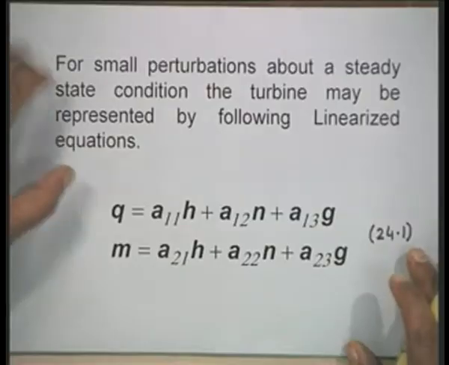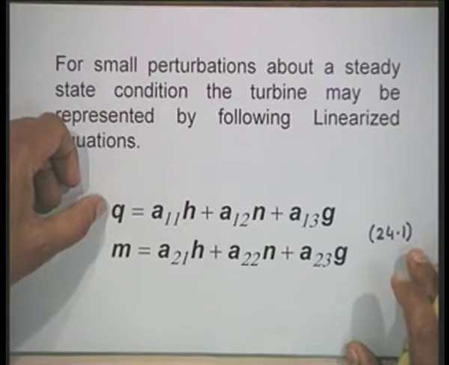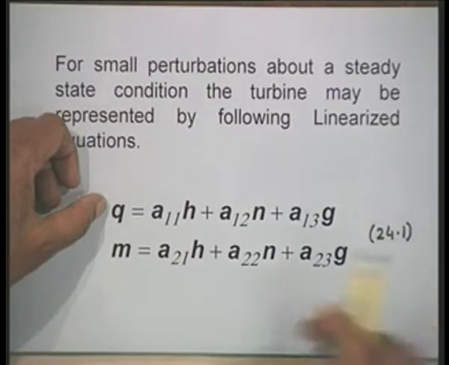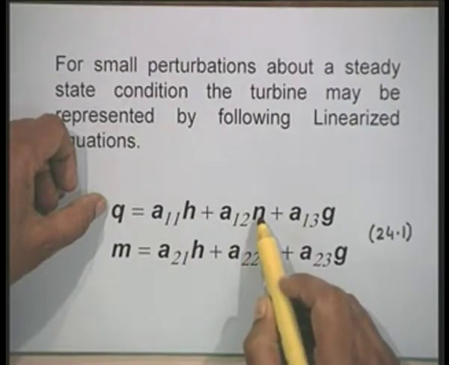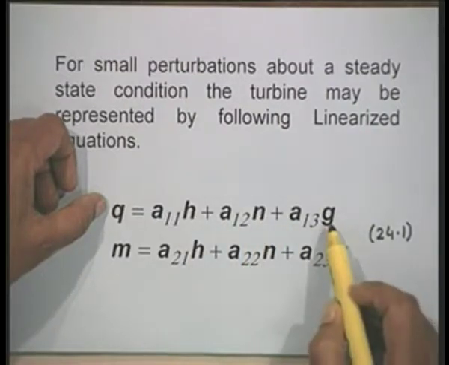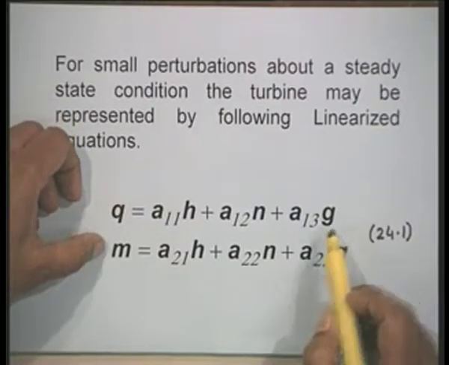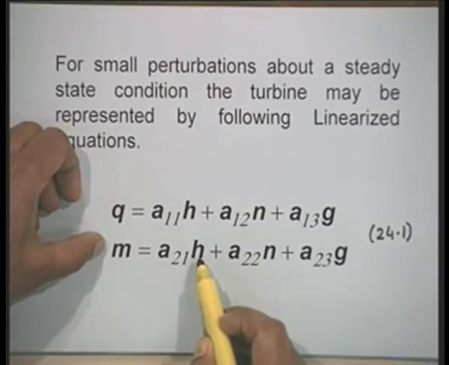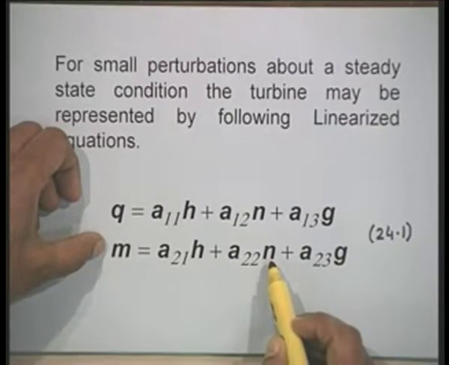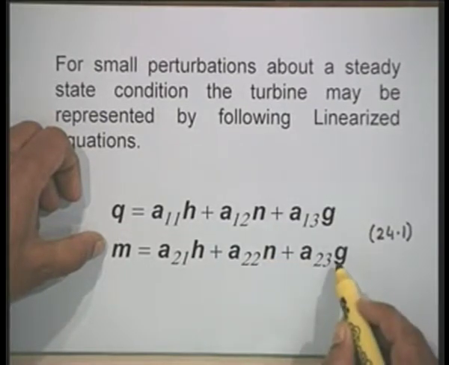For small perturbations we can relate the per unit deviation in flow to the per unit deviation in head, speed, and gate position. Similarly, the per unit deviation in torque is related to the per unit deviation in head, N, that is the speed, and gate position.